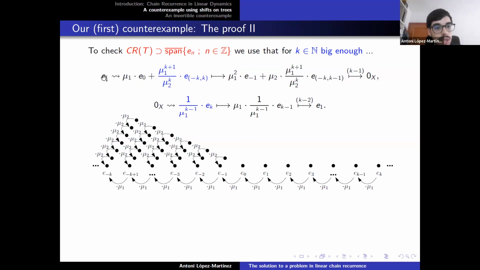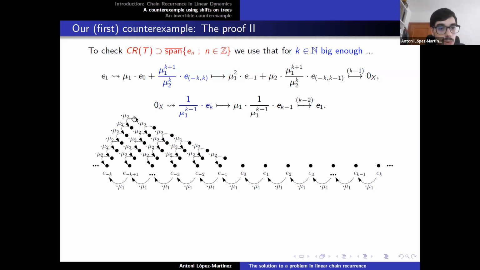So we start from the vector e_1. So I have some value in this position e_1. Okay. Now I'm going to construct a delta chain. So I take the image and I go from e_1 to e_0 multiplied by μ1. So this black part of this vector is what we get just applying the operator. And now this blue part is the delta perturbation that I'm putting here. And this will be a delta perturbation if k is big enough, because μ1 has modulus greater than 1, okay?